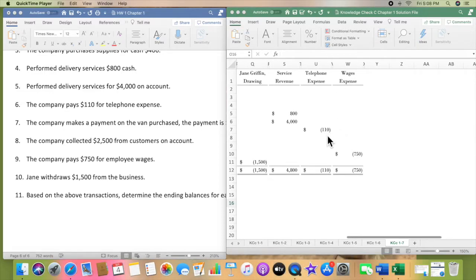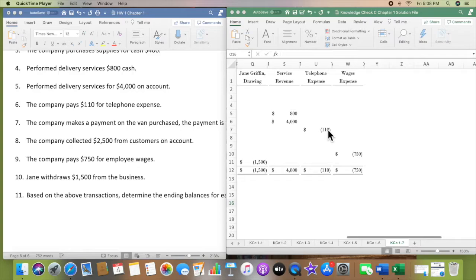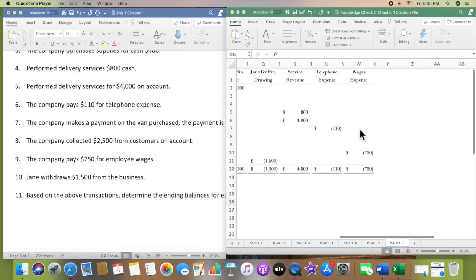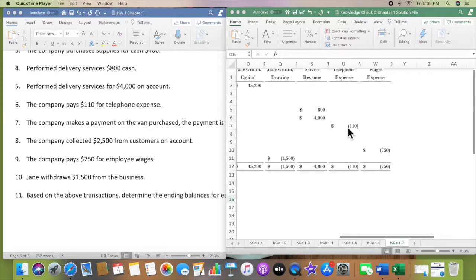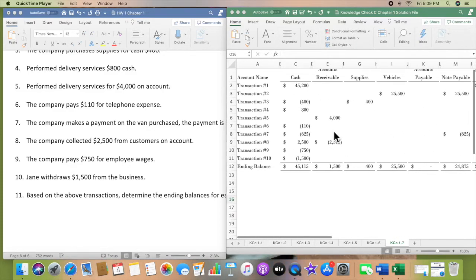And expense accounts always decrease owner's equity. So we have parentheses around 110 indicating that it is a negative. So that decreases owner's equity. Those are the two accounts being impacted on that.